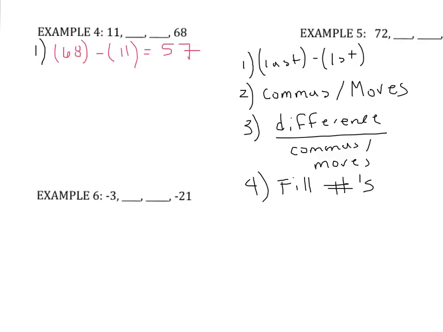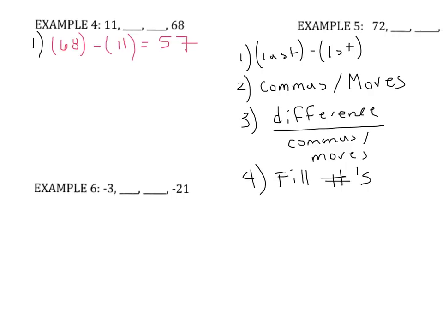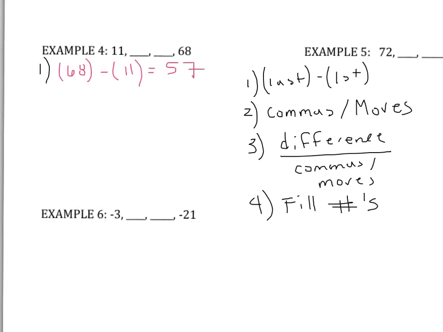The next thing I'm going to do is count the number of commas. Now you can count the number of commas or you can count the number of moves, and I'm going to show you both ways right now. We have 1, 2, 3 commas. So I'm going to put down for step 2 we have 3 commas, or you can also count the number of moves.